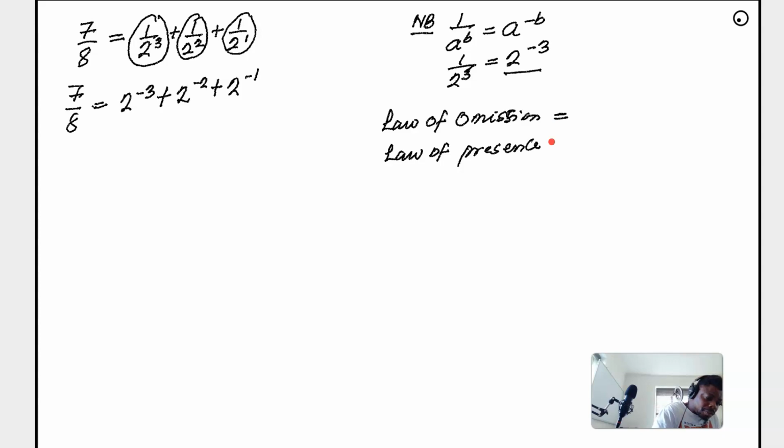Law of omission simply means if something is missing, you use 0. If something is present, you use 1. Now, how do we use this law? I will explain. Okay, so let's assume I have something like this here. I'm just using an assumption, an example, sorry.